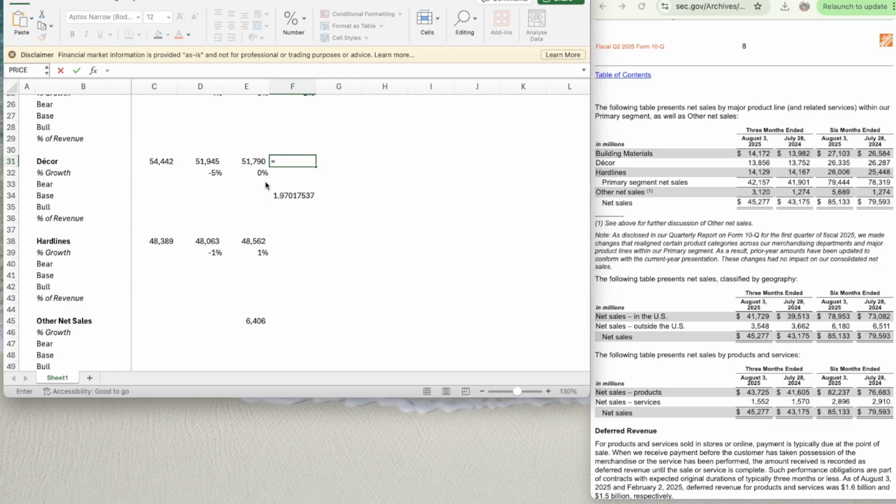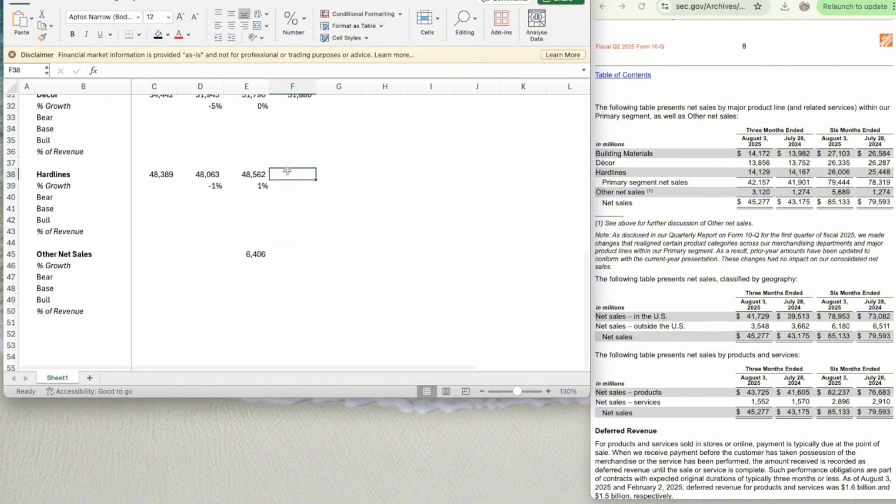Let's see if that does ring true for the rest. Hard lines. It's 1.901 equals 2606.